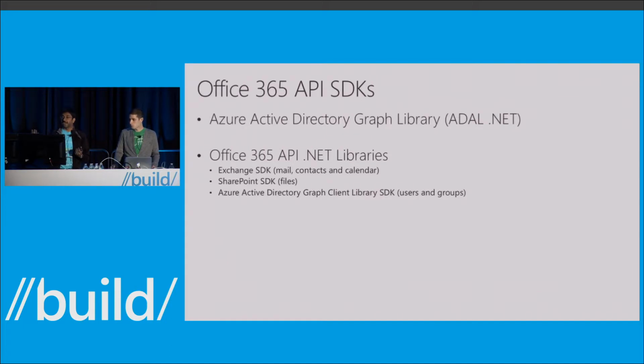You may have ADFS set up, or you may directly go to the Office 365 portal. The library supports all those mechanisms, and it makes it really easy to get authenticated and get the token. And then, of course, we have the API libraries, which are portable class libraries. That's the reason why it is so simple and easy to use in a Xamarin application.